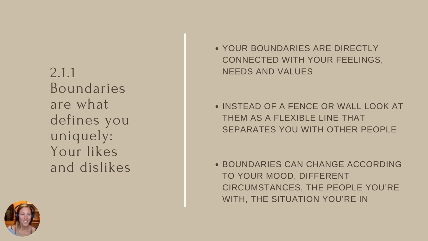What is your favorite color? What do you like to do? What activities do you like to do? How do you like to be touched? How do you like to be spoken to? What kind of nicknames do you like? Very simple things. And that is different from person to person, and that makes you an individual person.